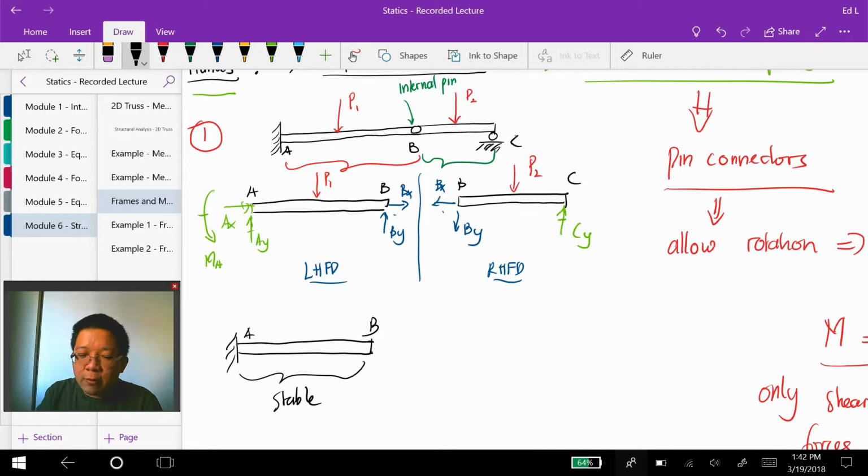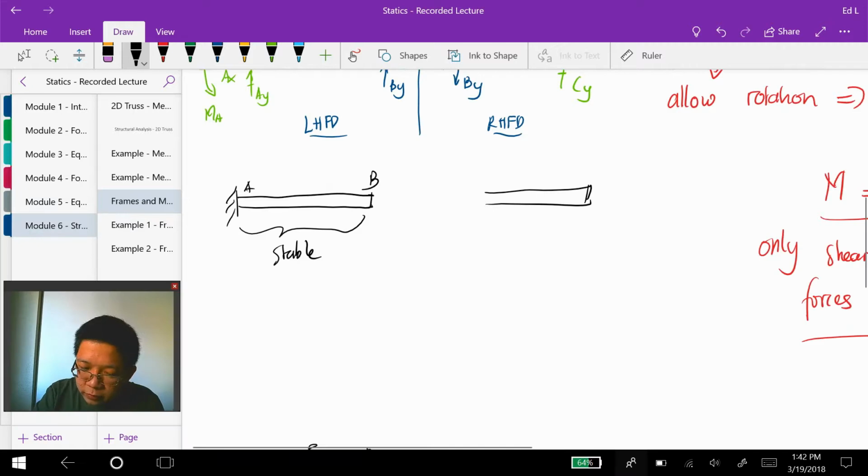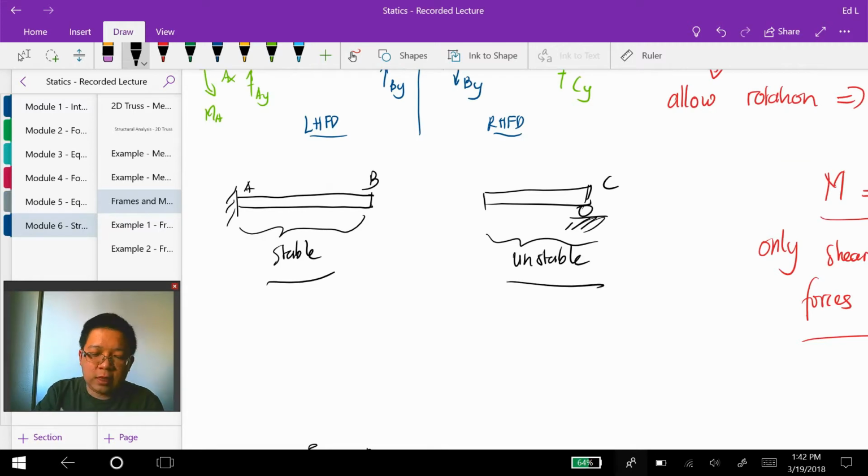Okay, however, the member BC here, with a roller support at C, is unstable. So structure AB is stable and structure BC is unstable.